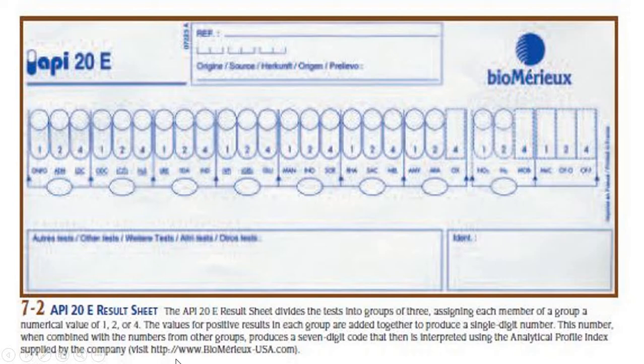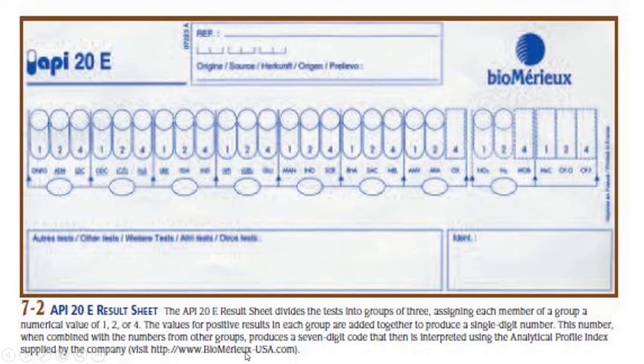This number, combined with the numbers of the other groups, produces a 7-digit code, which is then interpreted using the Analytical Profile Index, known as the manual, that is supplied by the company.